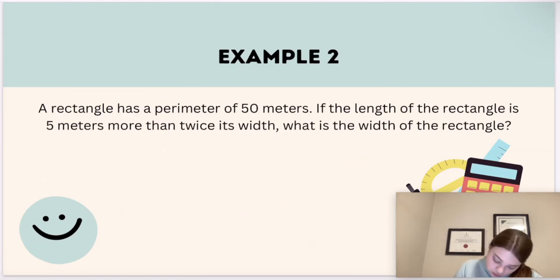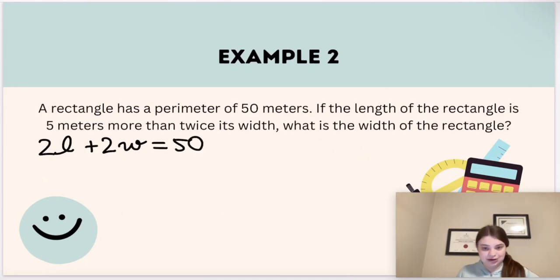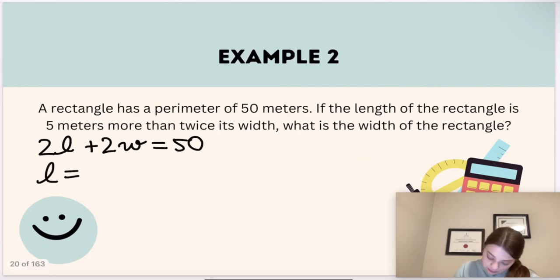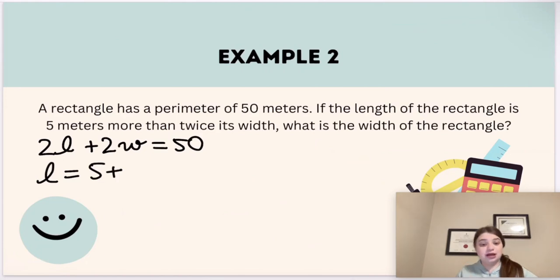So 2L plus 2w is equal to the perimeter, which in this case is 50 meters. Then it says the length of the rectangle is equal to 5 meters more than twice the width. So 5 meters more than is 5 plus, and twice the width would be 2 times w. So the question is, what is the width of the rectangle?